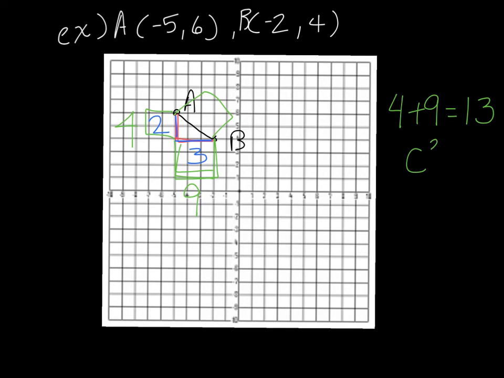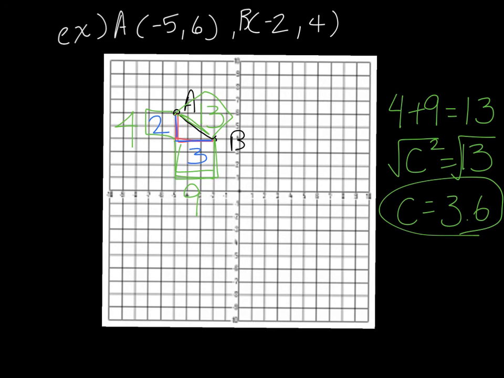So c squared equals 13. And to find the side length, I have to take the square root of both sides. So the square root of 13 is approximately 3.6. And that's what c will equal. That's what the distance from A to B would equal, 3.6 units.